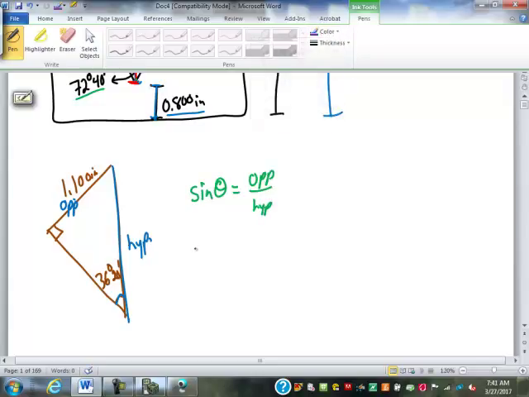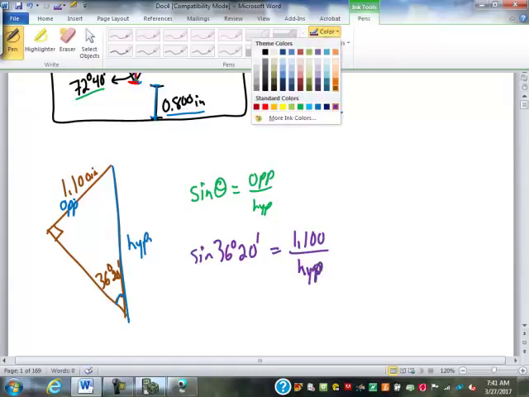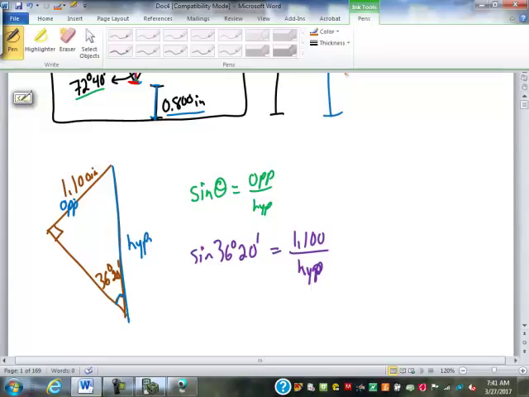We fill in what we know, the angle, 36 degrees, 20 minutes. Opposite side is 1.1, and we are looking for our hypotenuse. Since we're looking for a missing side, we make it into a proportion and we cross multiply and divide.